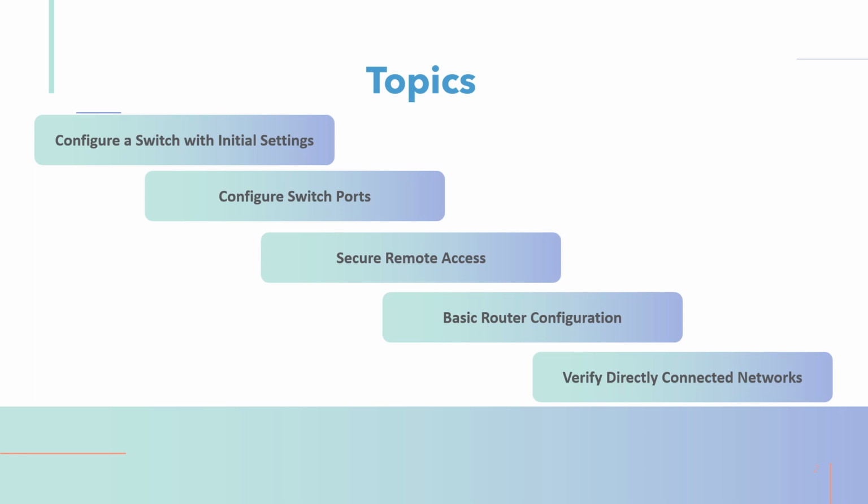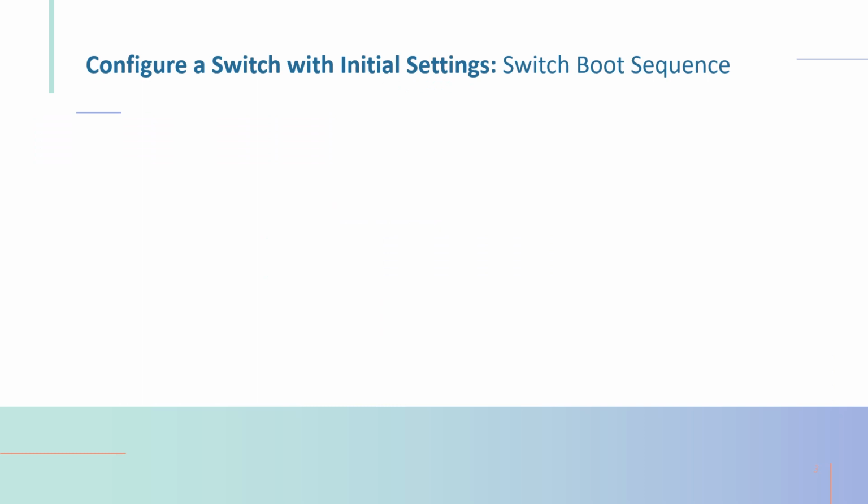Before we can go and configure a switch, we need to turn it on and allow it to go through the 5 steps of the boot sequence. And here in this slide, we will go through these steps. When the Cisco switch is powered on, it goes through the following boot sequence.